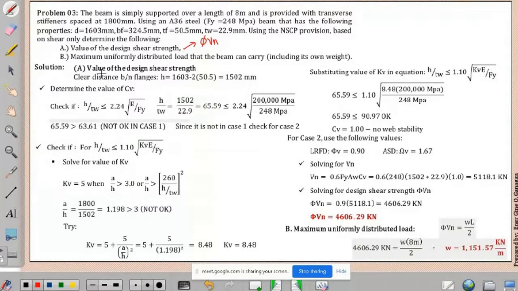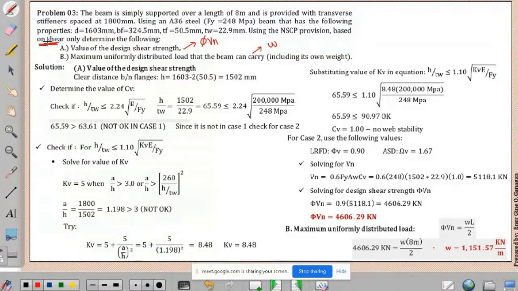And for letter B naman, ang hahanapin natin is the maximum uniform distributed load that the beam can carry. So ito, yung W yung hinahanap natin. Okay? Yung W na makakarry nung beam natin, considering yung shear, based on shear. So shear lang yung i-consider natin dito sa problem.